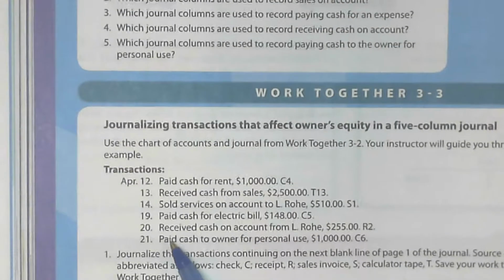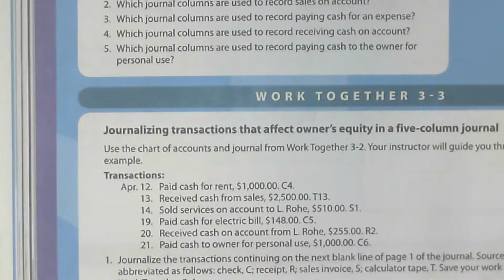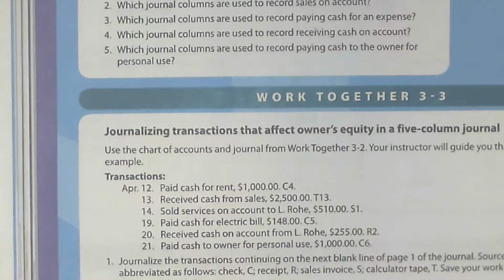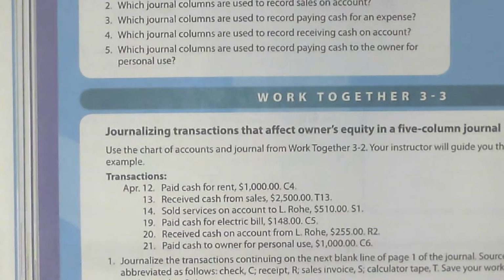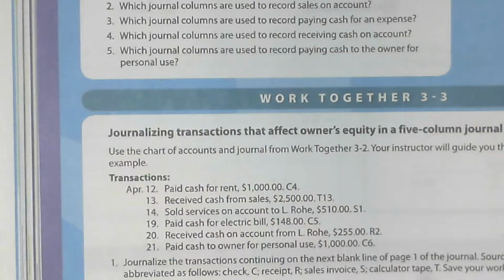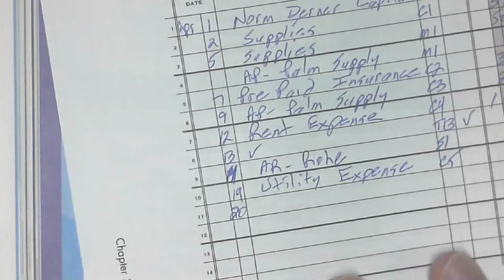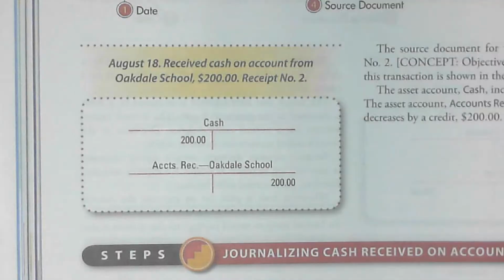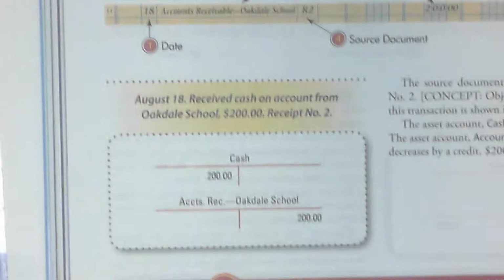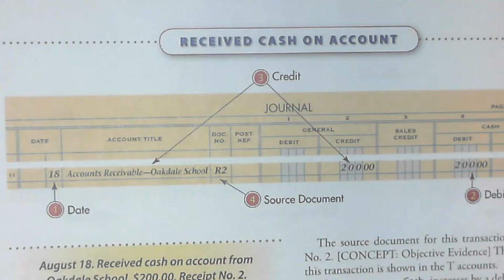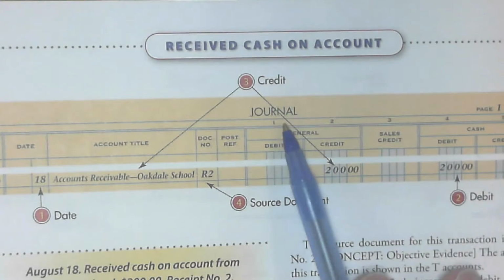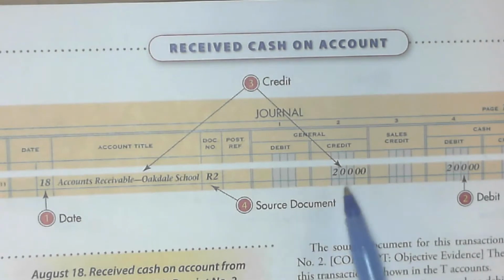Now we're April 20th. Received cash on account from this Rohe person, 255. So I'll fill in the date, the 20th. Received cash on account.